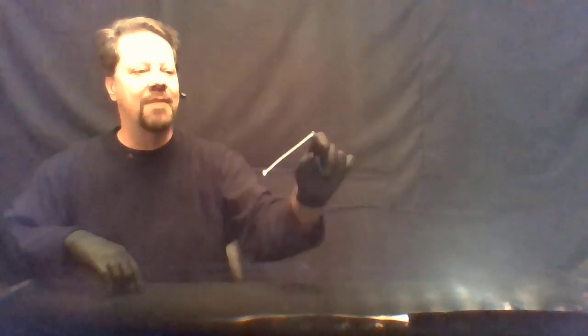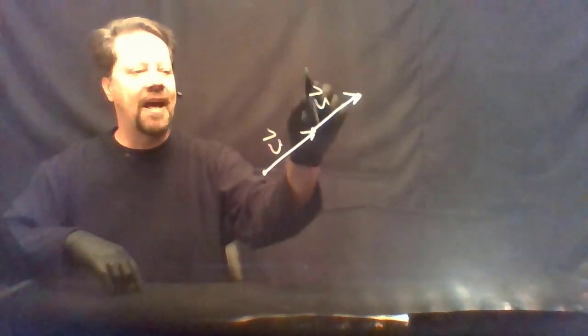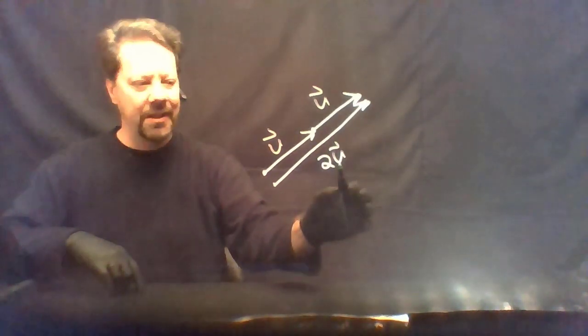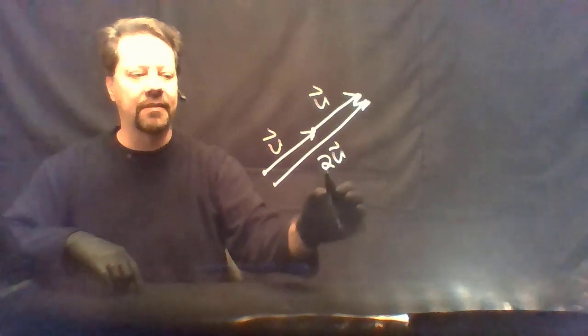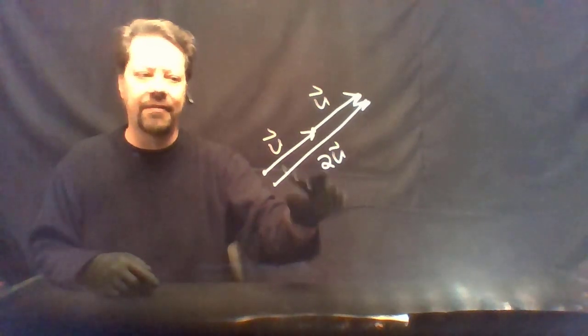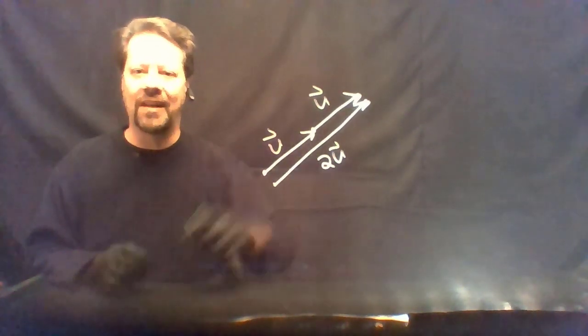We can even come up with the idea of rescaling a vector. If I add u to u, I should get twice u, which means we should be able to multiply a vector by a real number that rescales the vector to some proportion of the original length. In this case, twice as long as the original length.